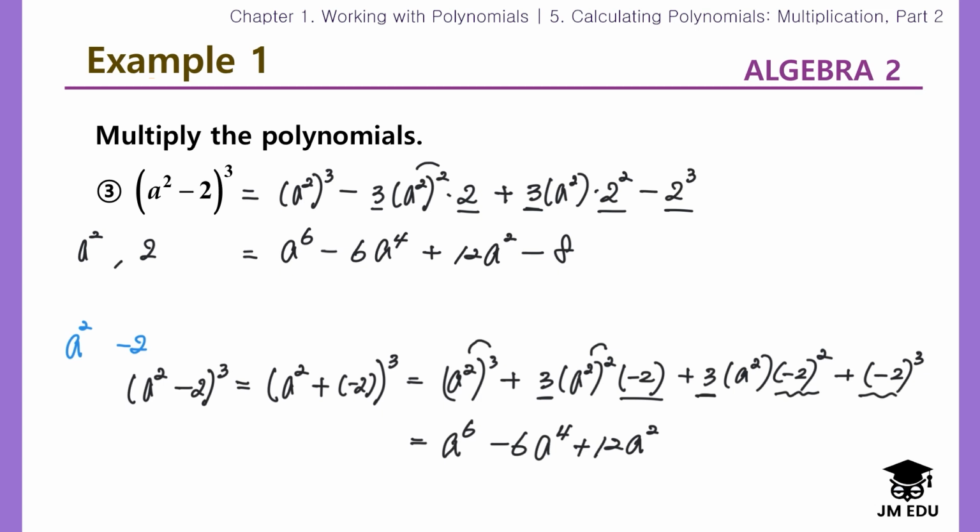Here, -2 cube, that's -2 times -2 times -2. Negative is multiplied 3 times. If negative is multiplied an odd number of times, that's negative. So -8. So we have a -8 here.